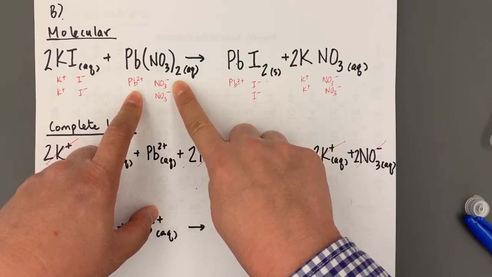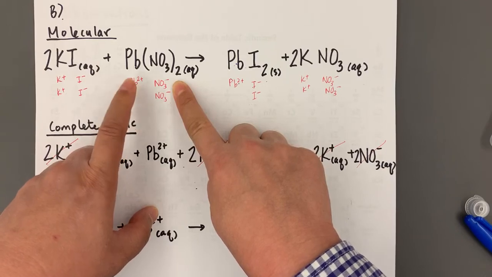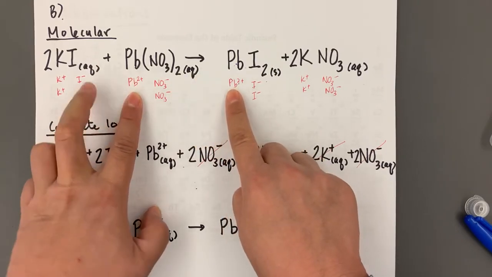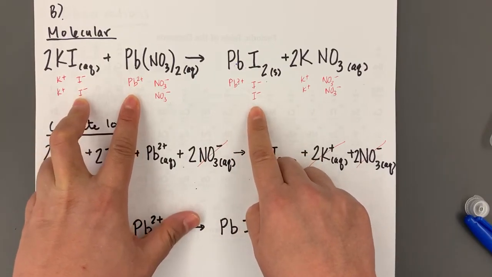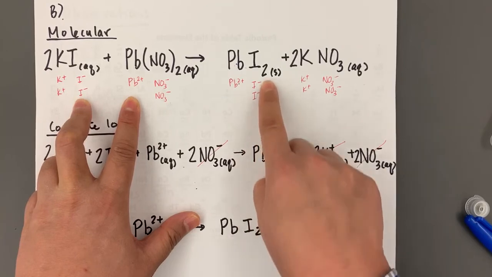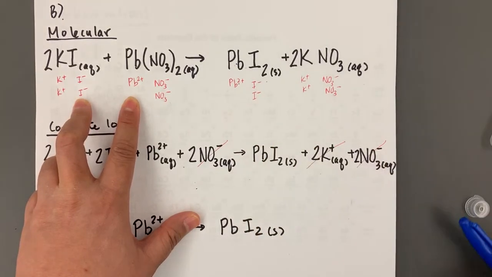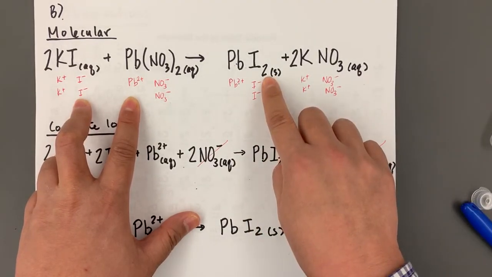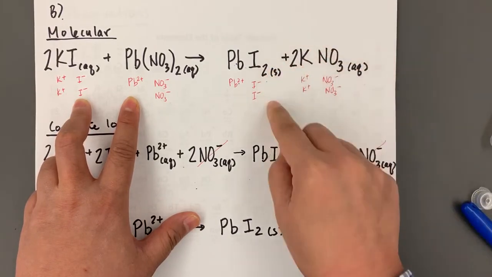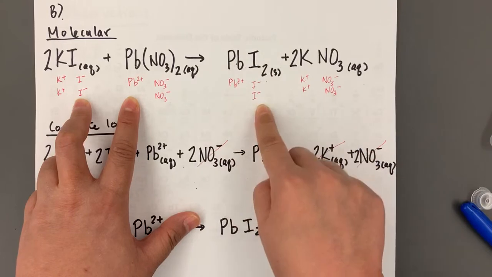As the products, again, you're pairing up the cation and the anion. So I paired up the cation, lead 2+, with the anion, I-. Notice here, I need 2 iodides to balance this equation, and so I have a 2 as the subscript here. This 2 as a subscript means that you need to balance out the cation anion charge.